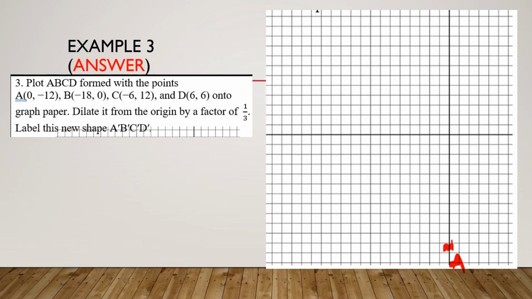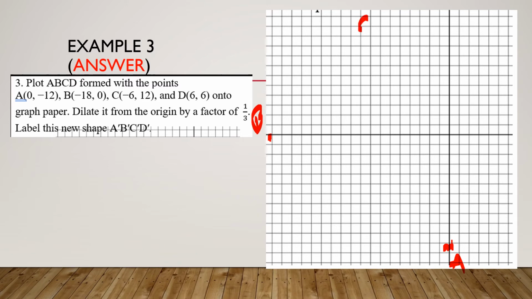B, negative 18, 0. So to the left 18, up 0. So there's our B. C, negative 6, 12. So to the left 6, up 12.